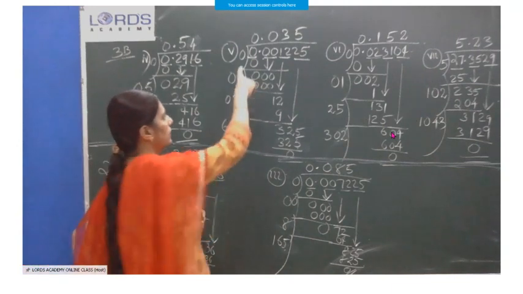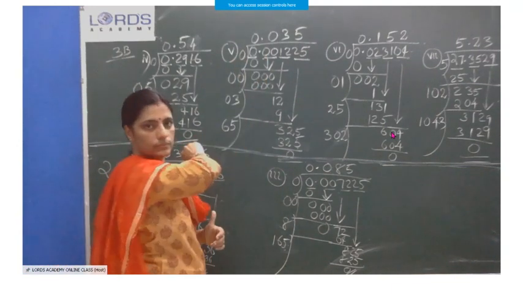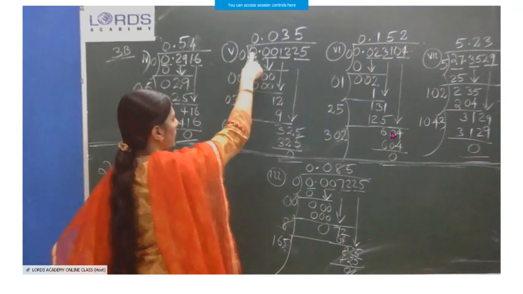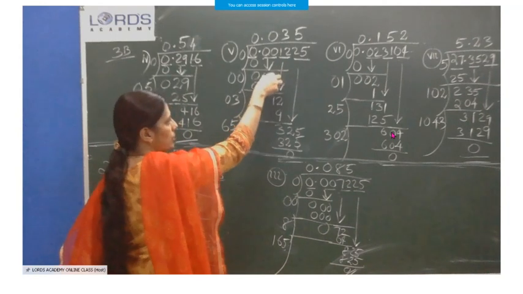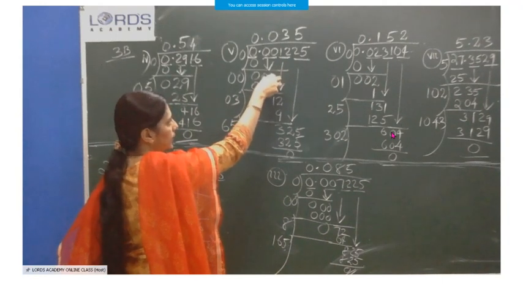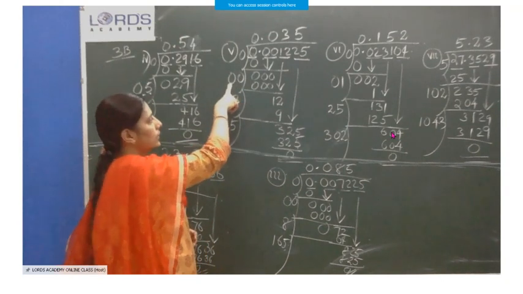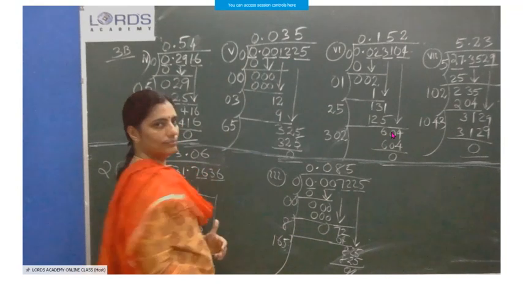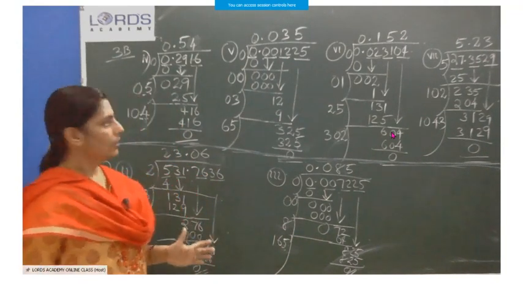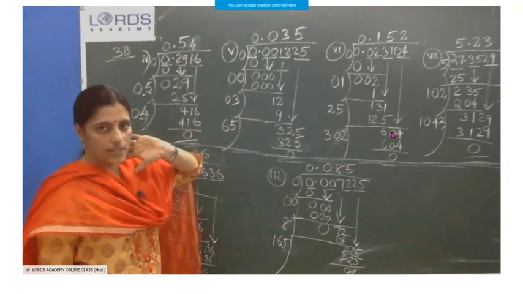Then 0, 0 into 0, 0. Then subtraction 0. We brought down the pair 0. Then 0, its double is 0. Then to get the 0, again one more 0. That means no work is going on there. Only play with zeros.